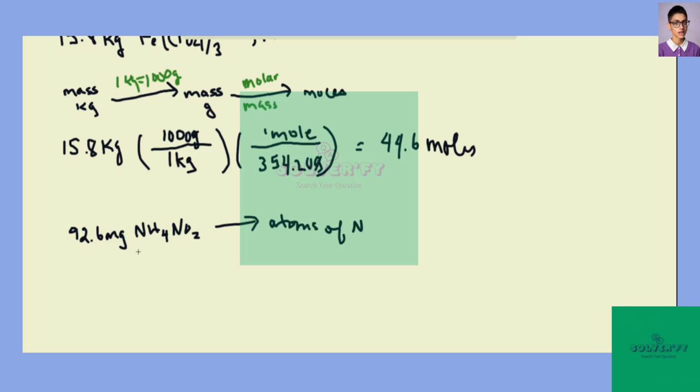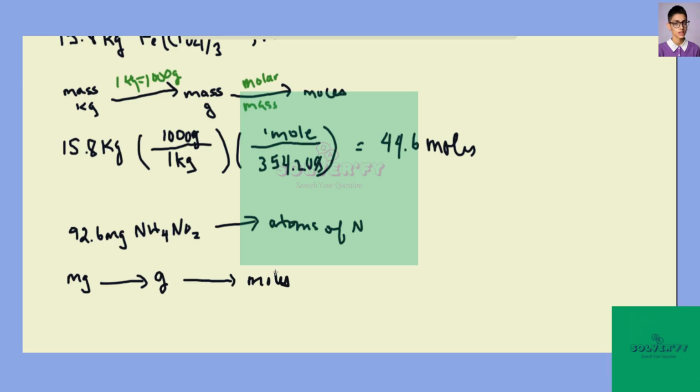So we have a molecule, and we're looking at the number of nitrogen atoms using the formula. So we'll start off with milligrams, which we have to change to grams. Once we have grams, we can change to moles.